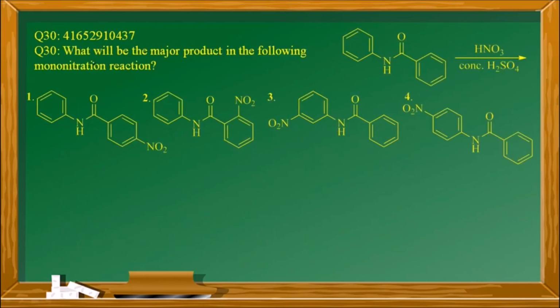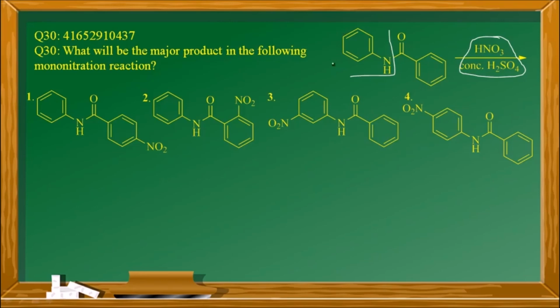Next, question number 30. What will be the major product in the following mononitration reaction? Mononitration reaction. What is going to happen? Friends, we are using nitrating mixture, sulfuric acid and nitric acid, and doing nitration of this benzanilide. This is the aniline portion, and this is the benzoic acid amide, right?